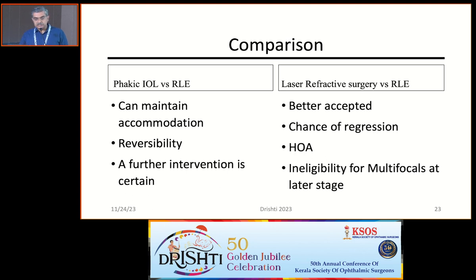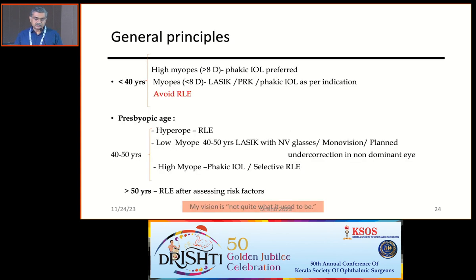And a laser patient, once they become glass-free and later develop cataract, may not be a good candidate for a multifocal at a later stage, and may end up wearing glasses again.